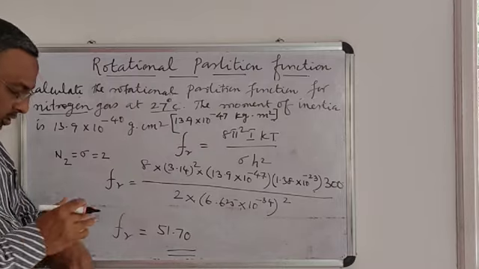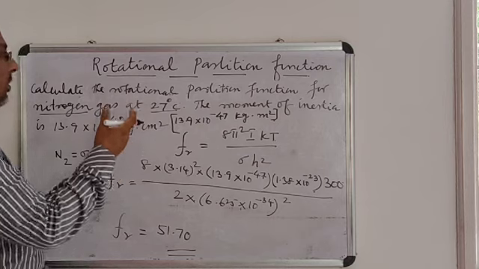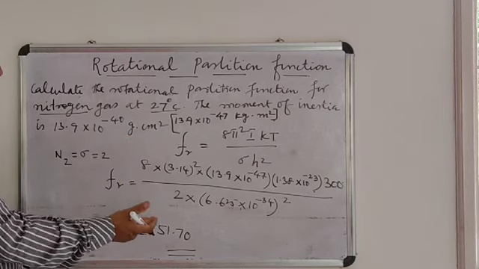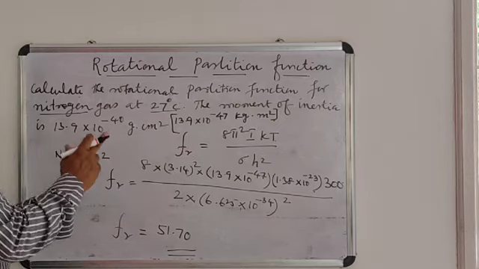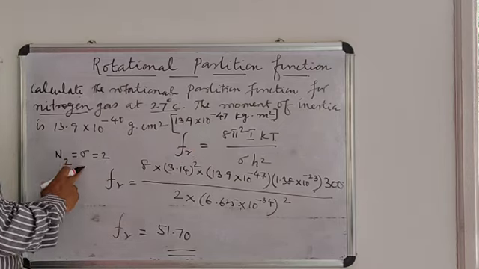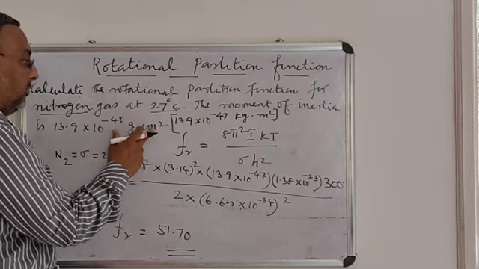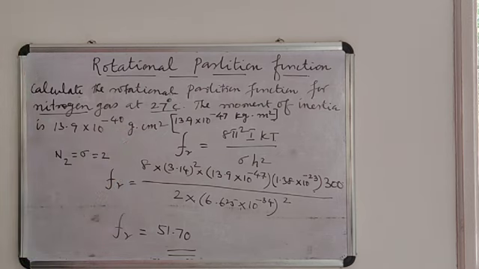So this is how you have to calculate the rotational partition function. Okay? To find out the rotational partition function, you must know the formula, and on seeing the molecule, you must know what is its symmetry number. Then substitute the values. Then the moment of inertia will usually be given in gram centimeter square.